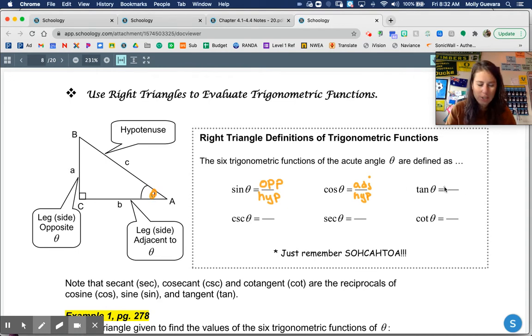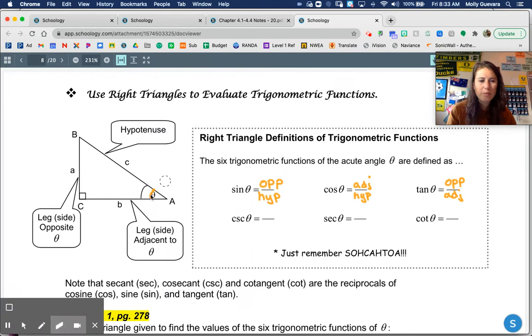And then tangent, TOA, is always opposite over adjacent. So if I was looking for the tangent of angle A, it would be opposite, which is A, over adjacent, which is B.